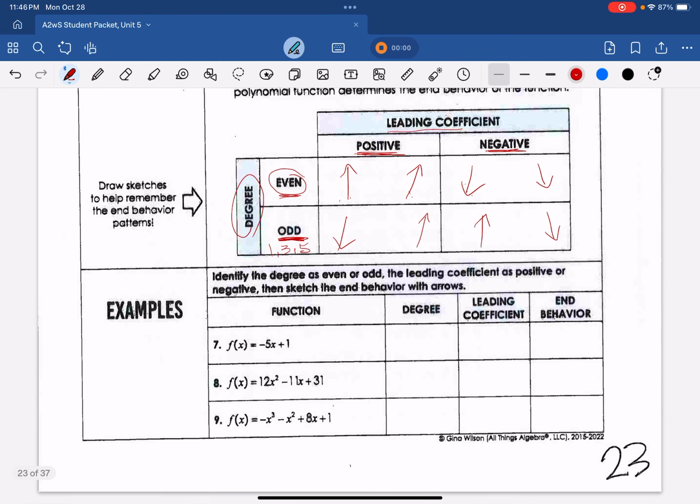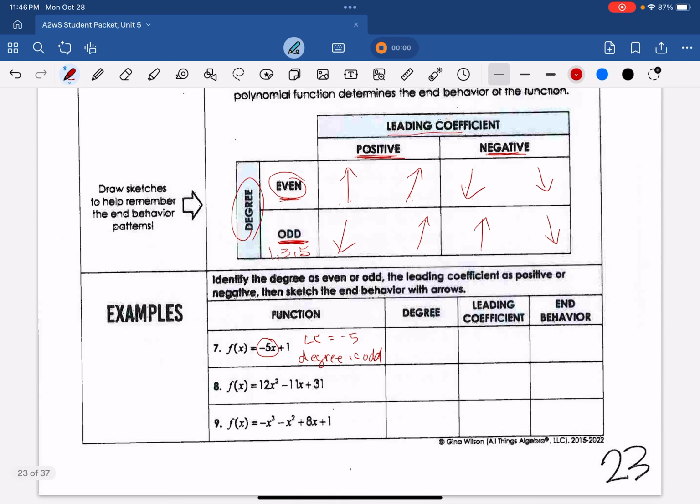So number 7, we have f of x equals -5x plus 1. I want you to take a look at the lead term. Our lead coefficient is -5, and our degree is odd. So we'll fill that in here.